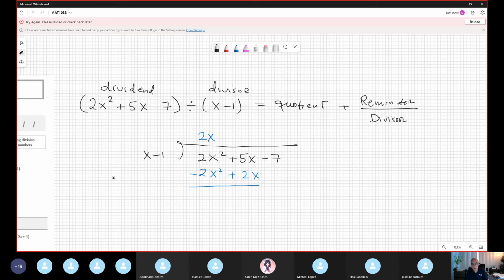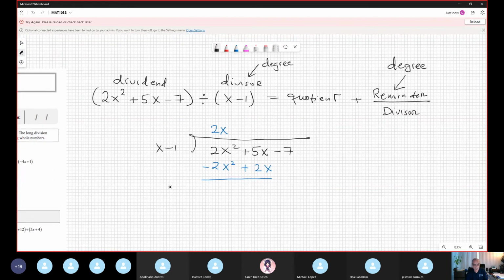You finish when the degree of the remainder, since we are talking about polynomials, is less than the degree of the divisor. The degree of the divisor in this example is 1 because it's a linear factor. The degree is the highest exponent in the divisor, invisible 1 here.